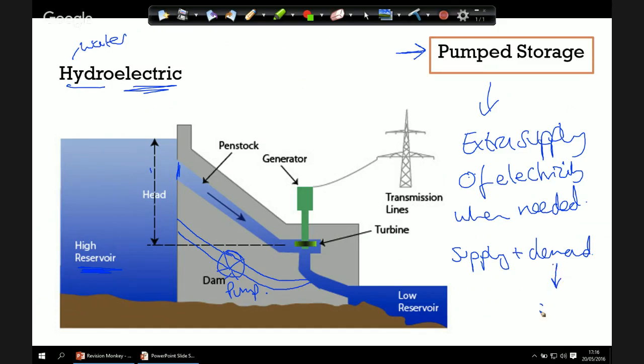In the daytime, you'll have quite a high demand for electricity, whereas for obvious reasons at night time, when all of our lights are off and we're not using our computers and everything so much, the demand for electricity goes down. And we've got to match that with the supply, okay? So we need to make sure that we're supplying people with electricity in the day, and perhaps at night, any excess electricity we've got, we can use to store the energy up here for later on.